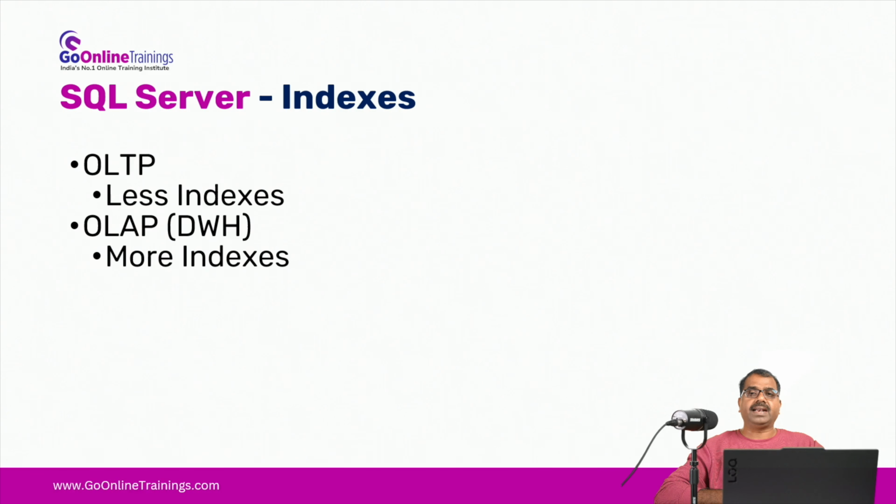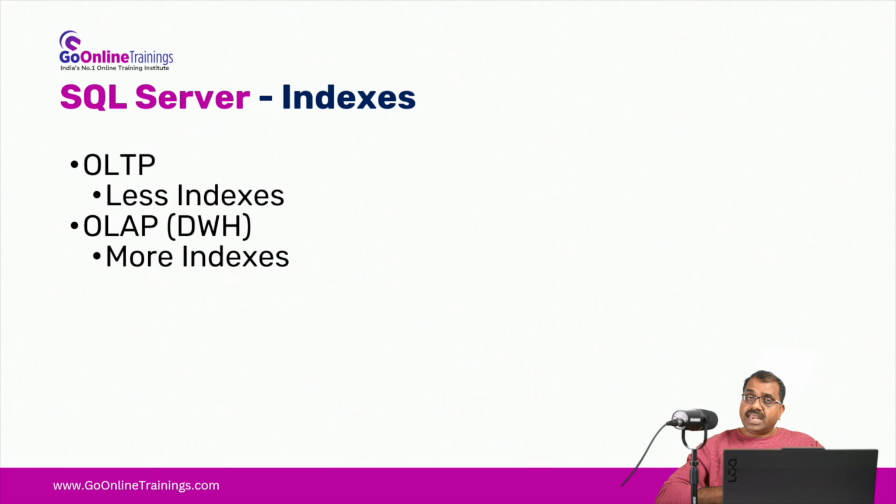For example, the PhonePe database, the irctc.com database, or any loan application, any application that end users use is called OLTP. These are transactional databases, where a lot of transactions are happening. Most of the time data writing is happening.